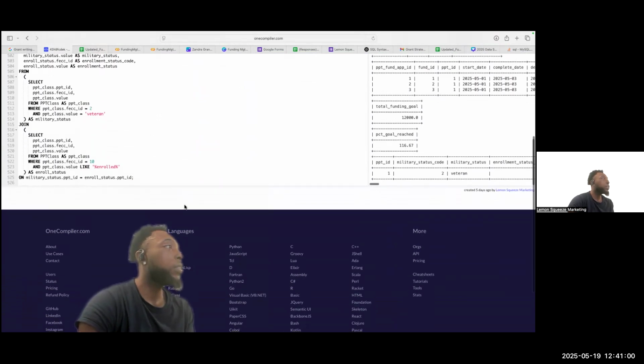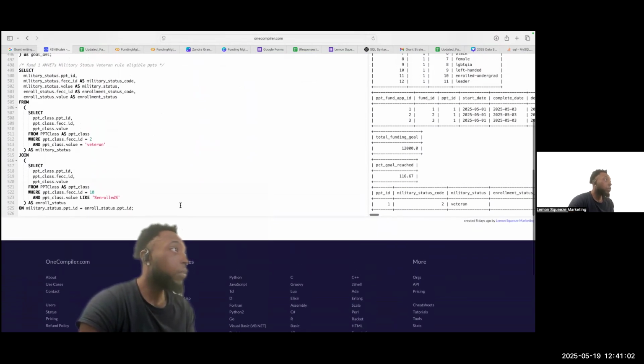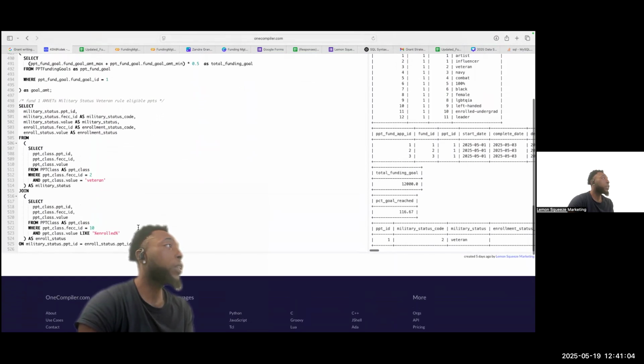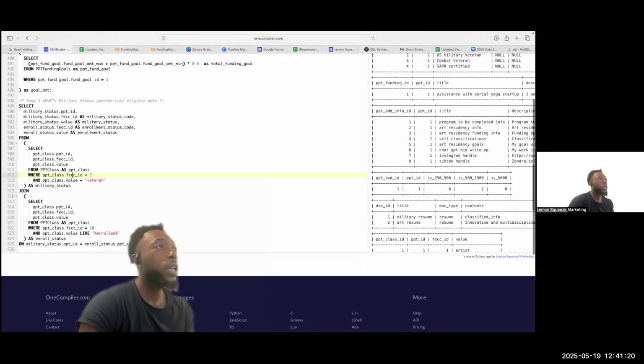For example, the first rule was that the participant must be of veteran status. So we have a funding eligibility category class for military, and that's two.